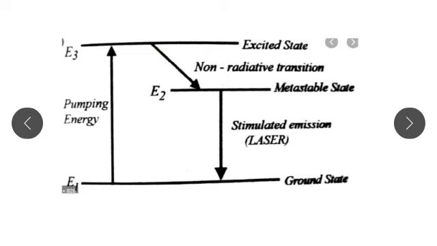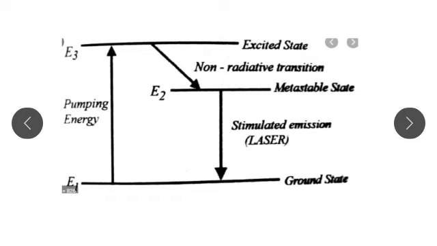But we know that the atom will not remain permanently in that excited state. It will remain for a short time or a longer time in that excited state, and after completion of its lifetime it returns to the ground energy state.